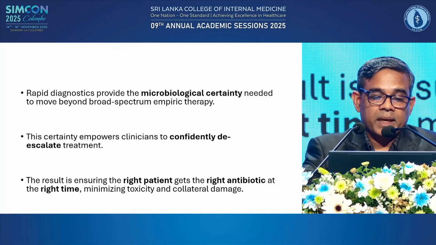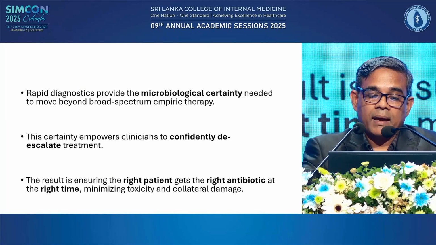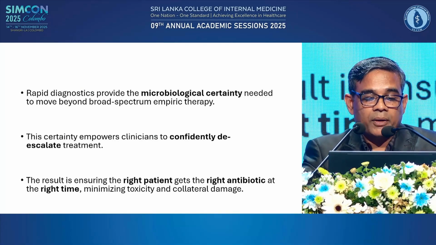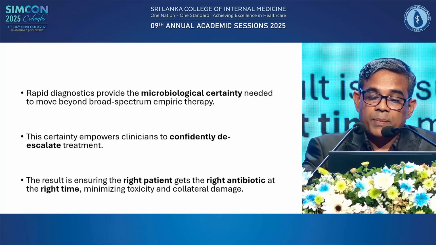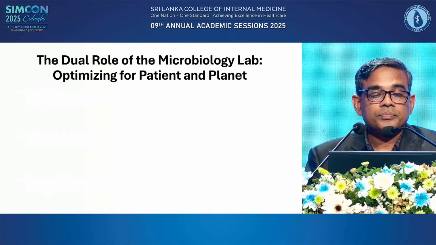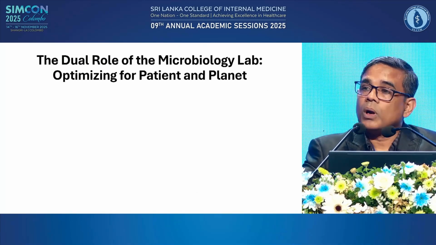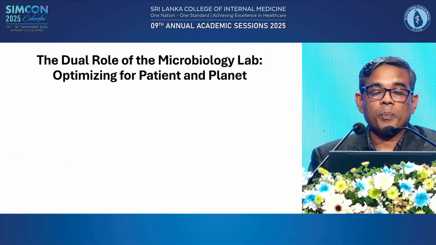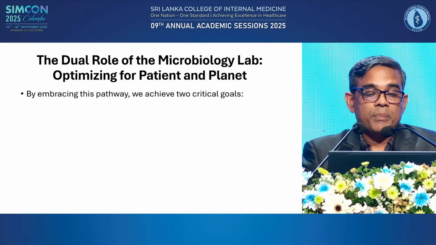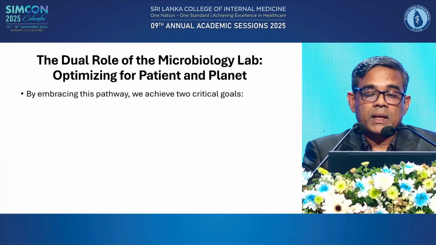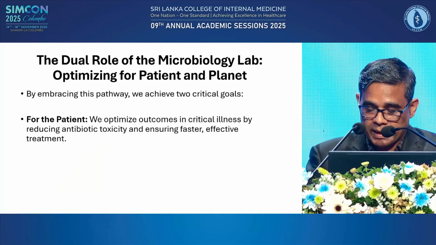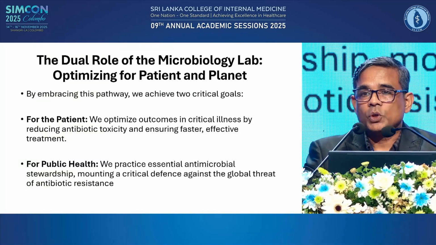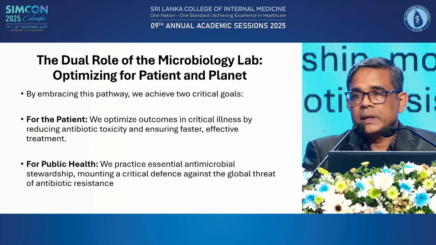The result is to ensure that the right patient gets the right antibiotic at the right time, minimizing toxicity and collateral damage. So what is the dual role of the laboratory when it comes to optimizing patient care? By embracing the pathway that I have put forward earlier, we can achieve two critical goals. For the patient, we can optimize care, and for the public, we can preserve antibiotics for the future.